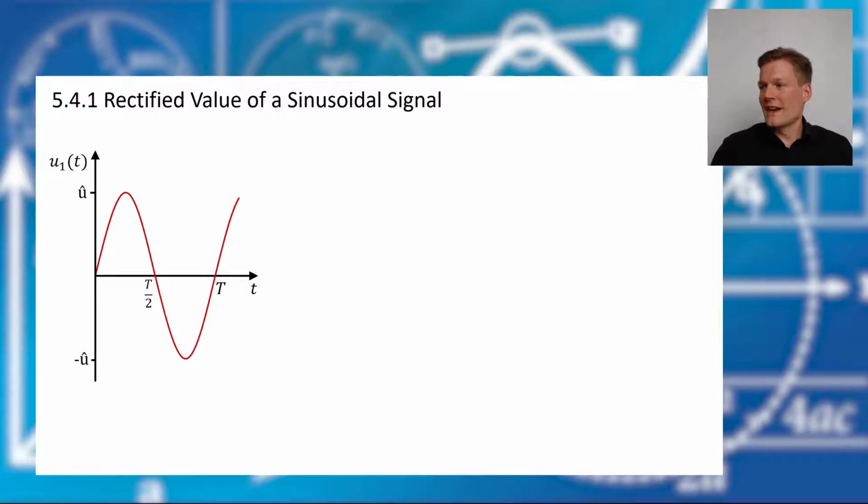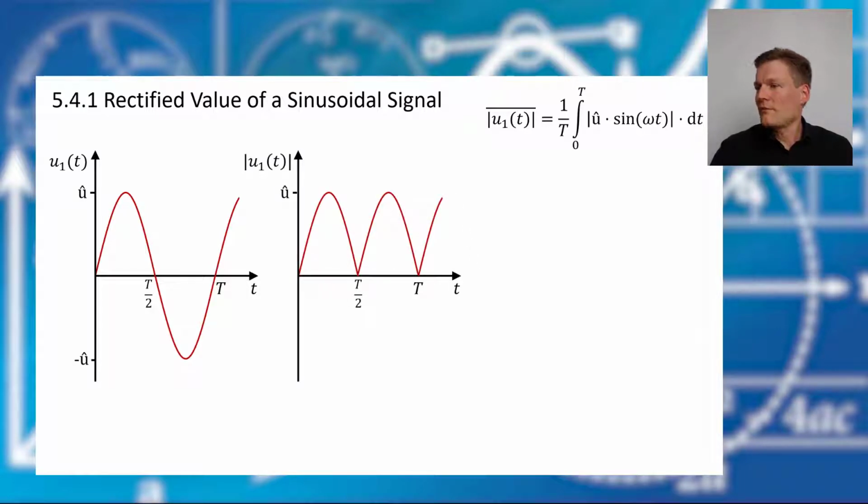Let's start with a sine wave. So that means we have to calculate this integral here. Let's have a look how this absolute value of the function looks like. And it's like the last lecture, you see here in the first half of our integral, the result will be the same as in the second half of that.